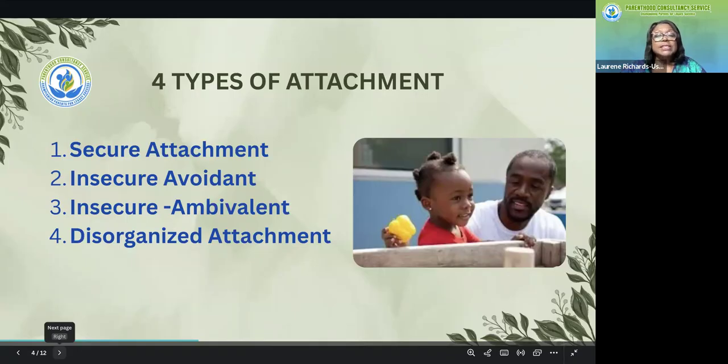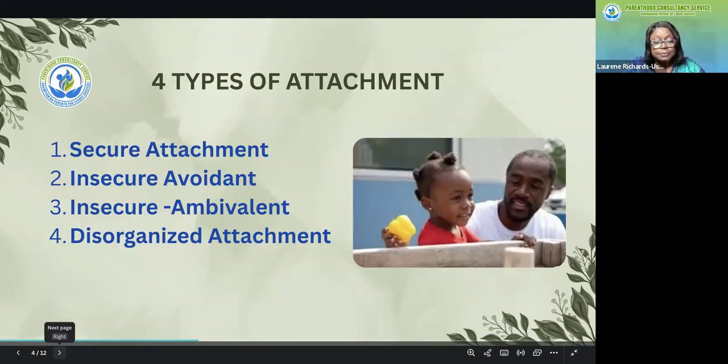Number three, insecure ambivalent. And this is because the parent is inconsistent. And I'm sure you're going to remember this. I often say that consistency is the key and intentionality is the key. Two keys for parenting to make parenting easier and effective.